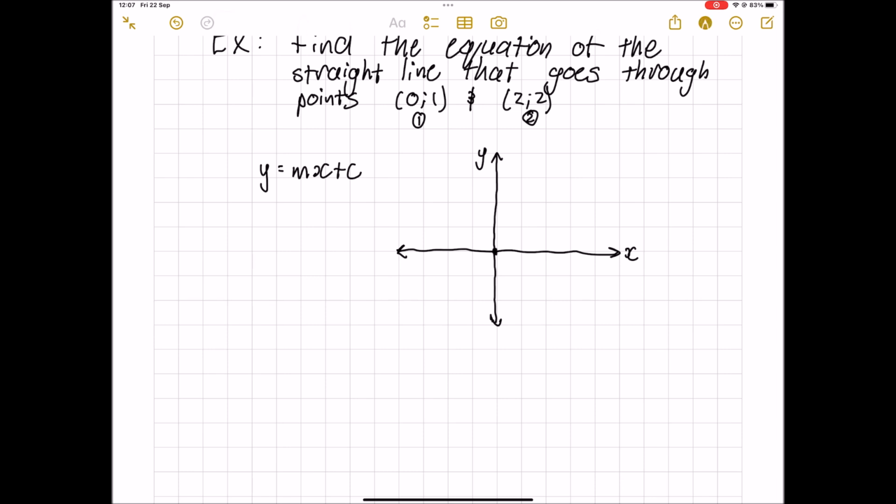So x is 0 over here and y is 1 over here. So there's your first coordinate. And now you look at your second coordinate, which is where x is 2 and y is 2. So here where x is 2 and where y is 2. Then you connect them. There you go, there you have your 2 points.